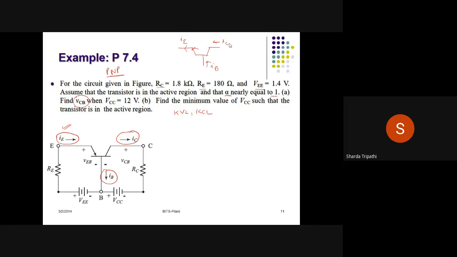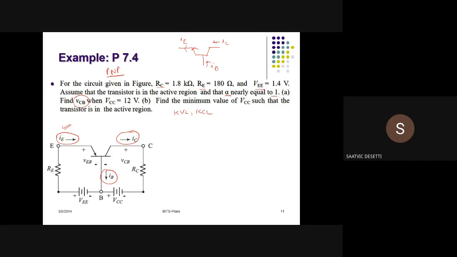Yeah. If the CV is reverse, collector base junction is reverse biased, then shouldn't IC be into the junction? No, IC will not be into the junction because, if it is forward biased. What, this junction? Yes, ma'am.